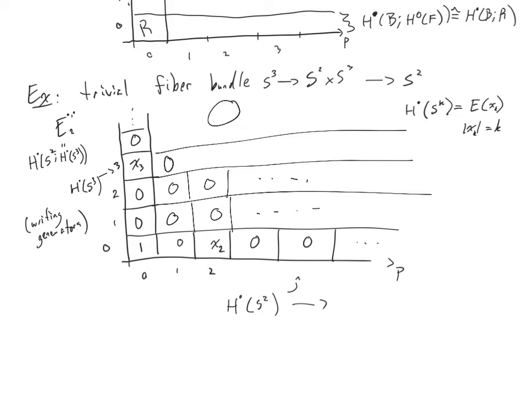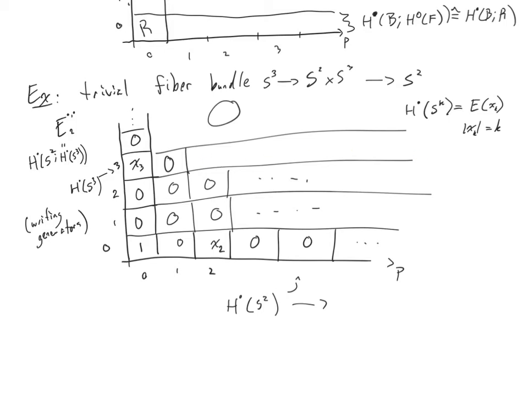And this row right here, as a group, is R, or as a ring is R. So as an R-module, it is R. I'm taking in this row the cohomology of S^2 with R coefficients, so it should look like this row, but the multiplicative property tells me that x_3 is like my unit here, so you end up getting a copy of R here, 0, R, and then zeros.